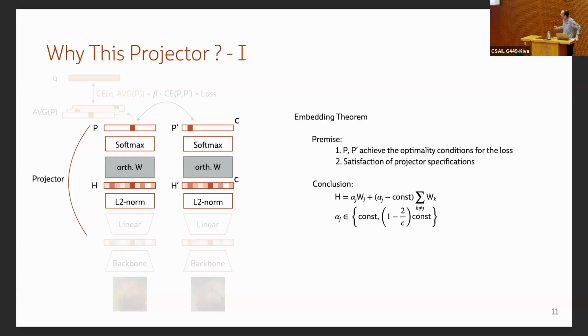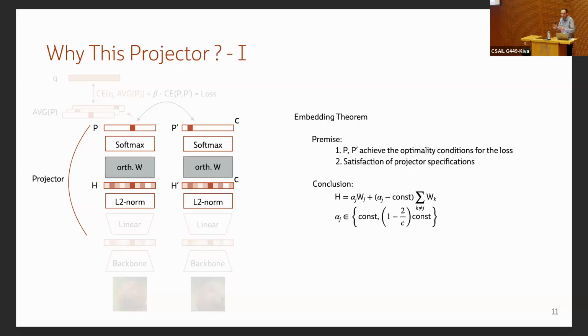The result of the theorem tells you something simple. You can think of having your vector H and C orthogonal vectors. These C orthogonal vectors can be considered as a basis in this C-dimensional space.